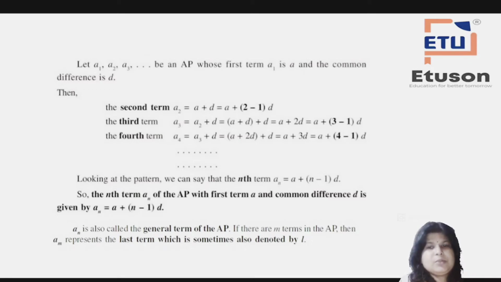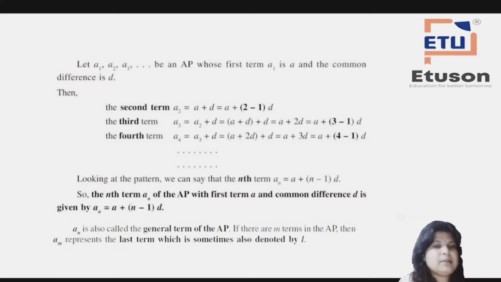Again, this 2 can be expressed as the third term, that is 3 minus 1 into d. Similarly, the fourth term will be a3 plus d, that is equal to a plus 2d plus d, that is equal to a plus 3d, that is equal to a plus 4 minus 1 into d. So, looking at the pattern, we can say that the nth term an will be equal to a plus n minus 1 into d. Correct or not?